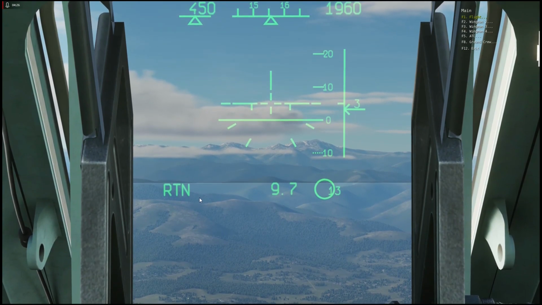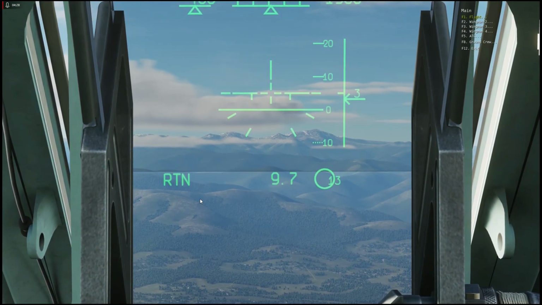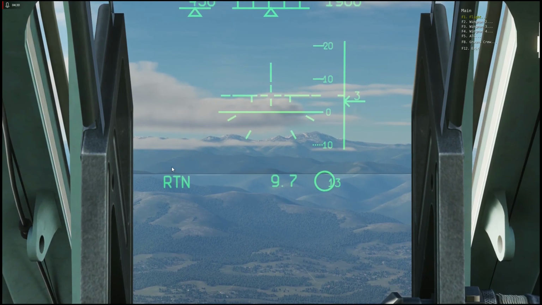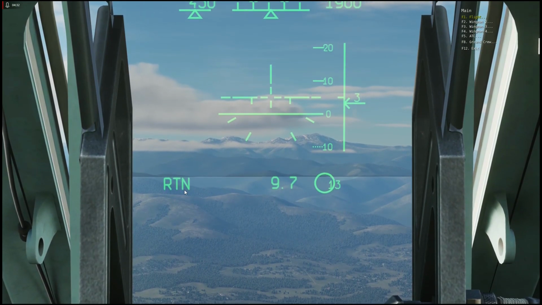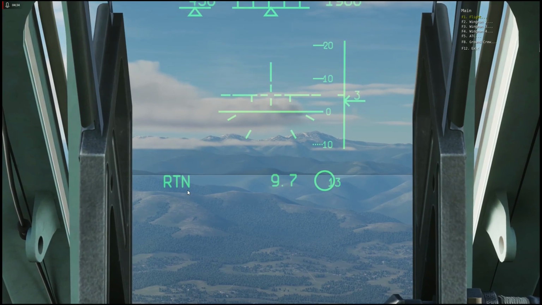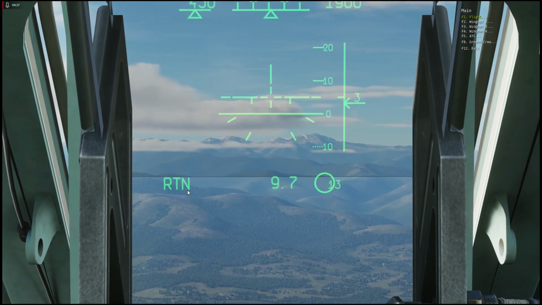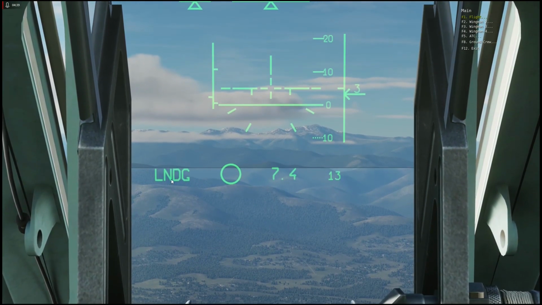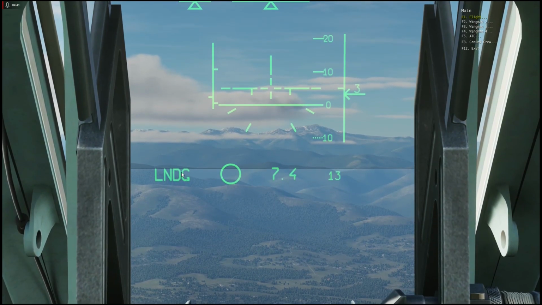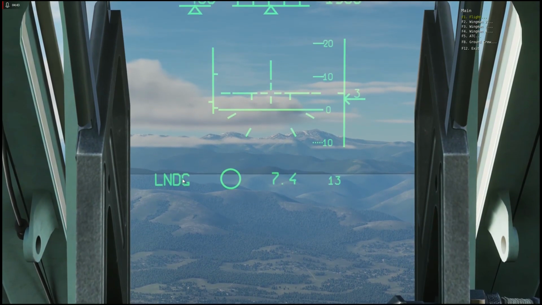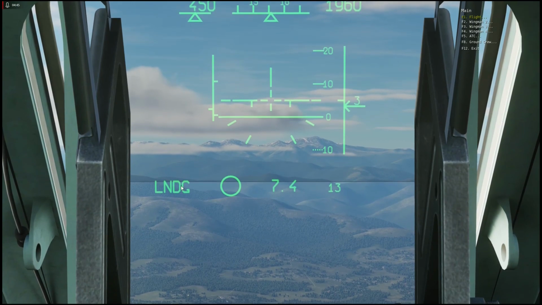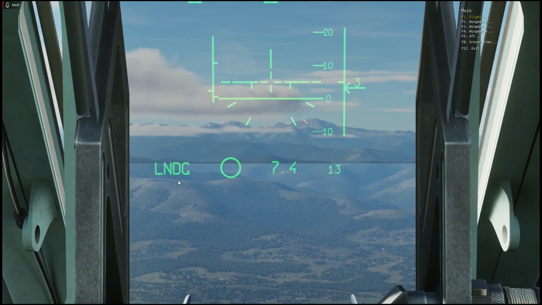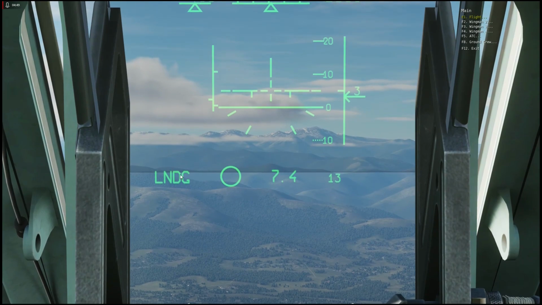The return point is often 15 kilometers away from the airfield. That means if you're at the return point, you should have plenty of time and space to line up for the desired runway. Landing is the physical spot on the runway. Please note that this is not your touchdown point on the runway.